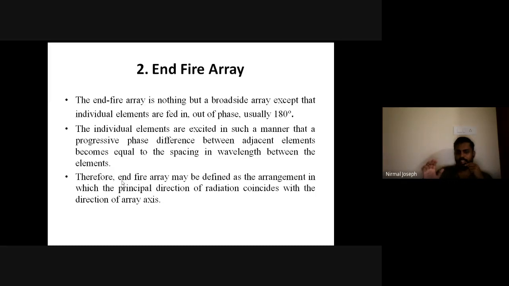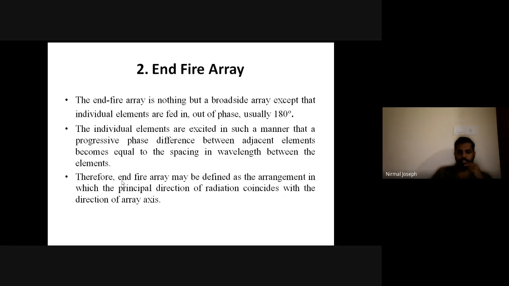This is lambda by 2 spacing. Lambda by 2 spacing corresponds to which phase difference? Lambda corresponds to a 360 degree phase difference, and lambda by 2 corresponds to a 180 degree phase difference. All these things we have seen, and we have done one derivation also based on this, so I'm not explaining much into that.